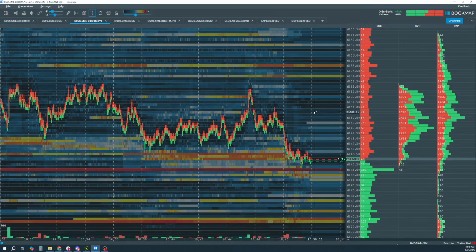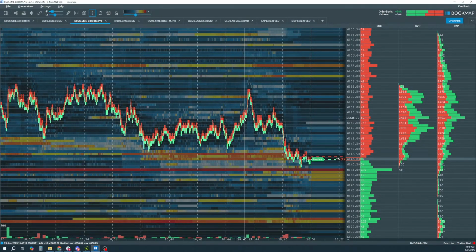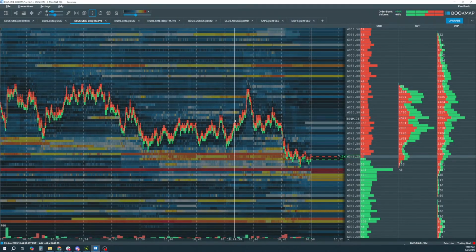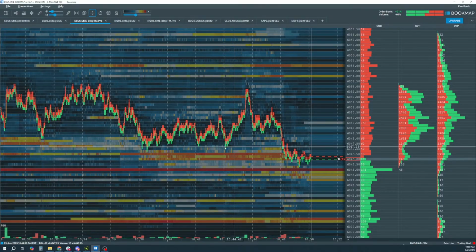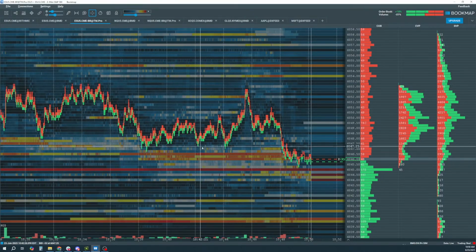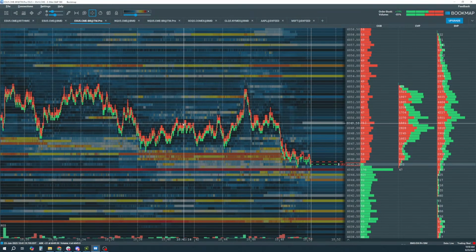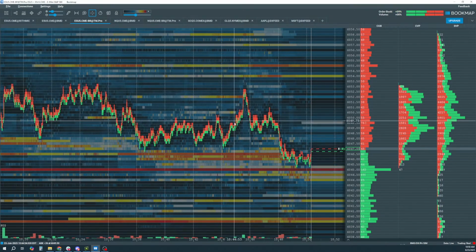So earlier we had this context that we were looking for up in this little range right in here. Our context was this: we didn't have aggressive sellers down here hitting the bid, but we did have buyers up in this little area, and we started to see them come in again.